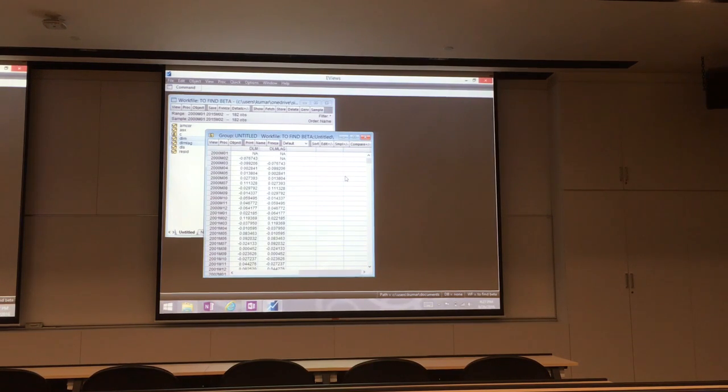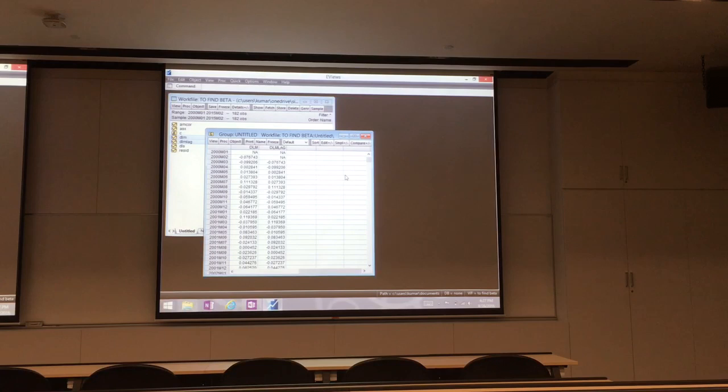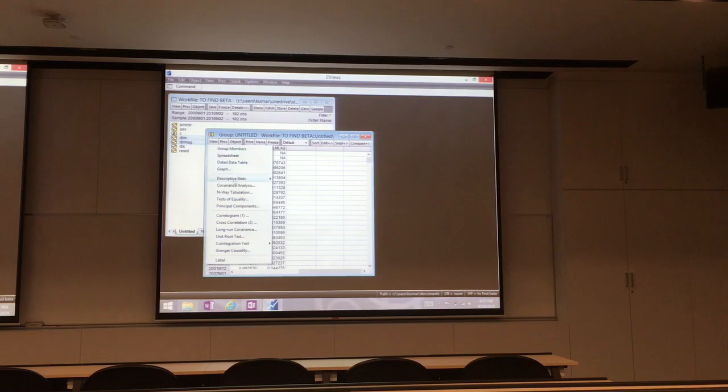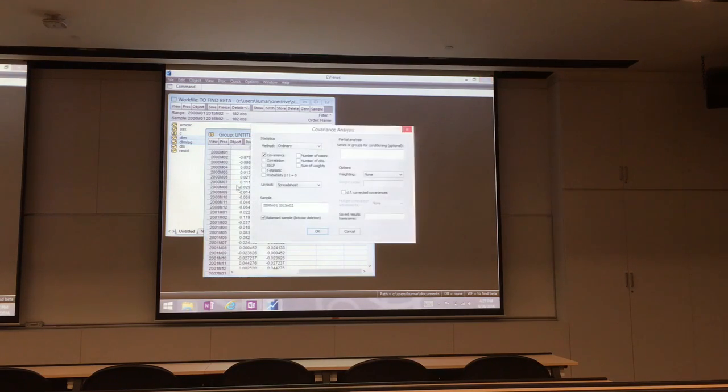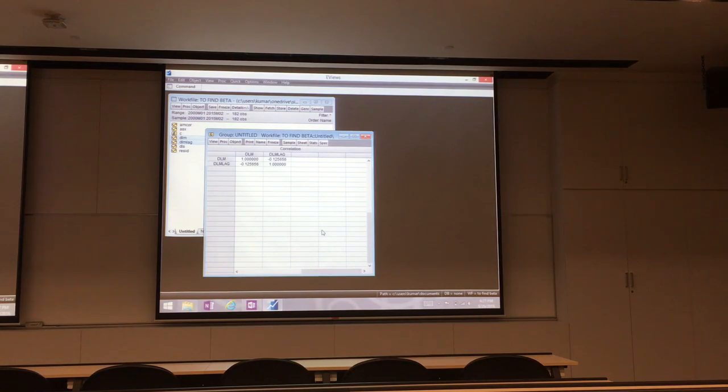We are finding the correlation between these two. Under covariance analysis, I'll select correlation. The correlation is negative 0.125656. That is your rho hat of RMT, RMT minus 1.